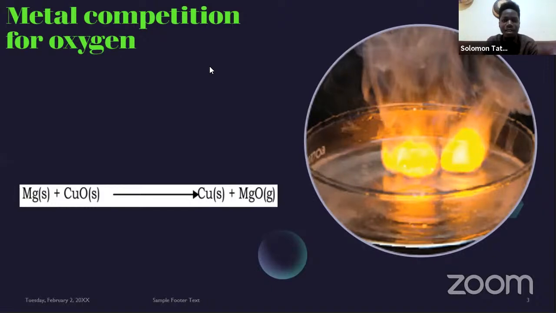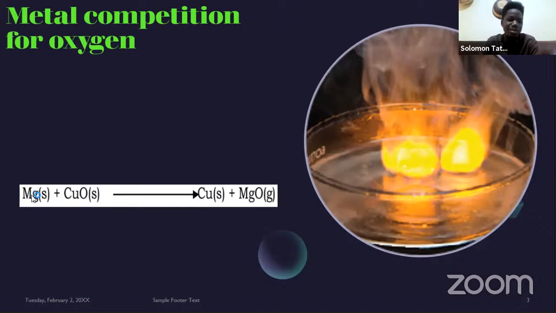Here we're looking at how metals can displace oxygen from one another.